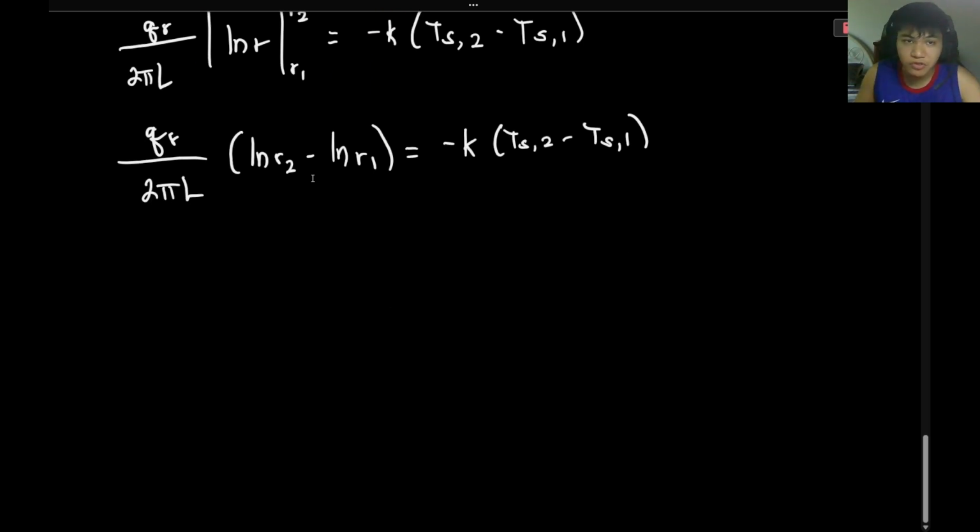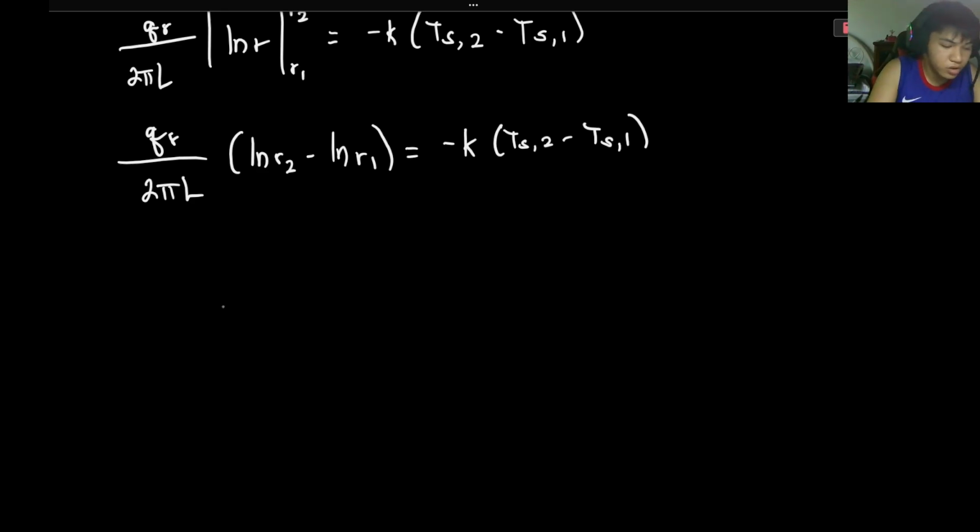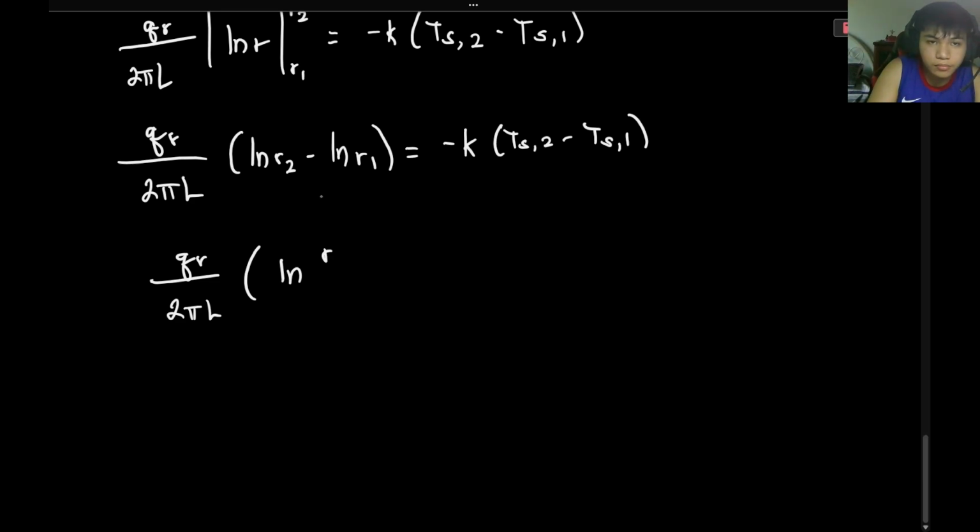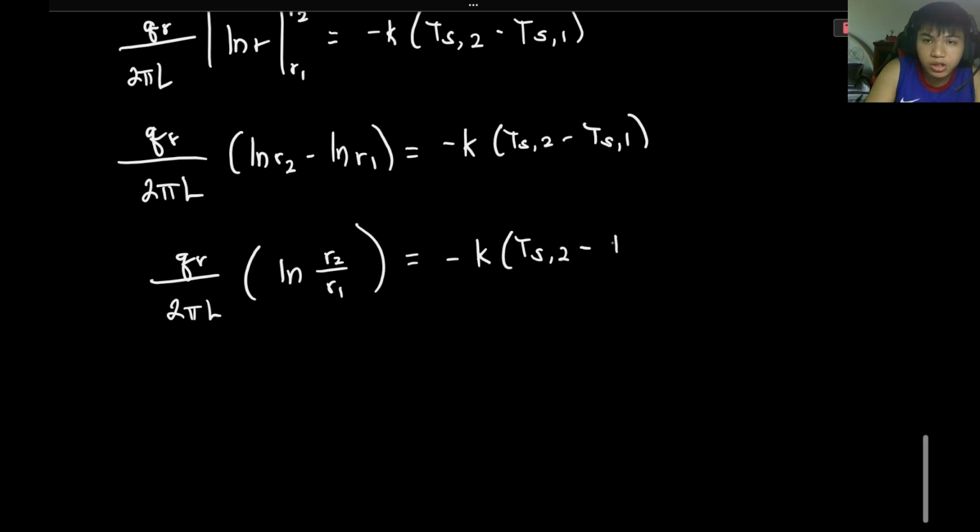Applying the laws of logarithms, this is just ln of r2 over r1. So QR over 2 pi L times ln of r2 over r1 is equal to negative k times Ts2 minus Ts1.